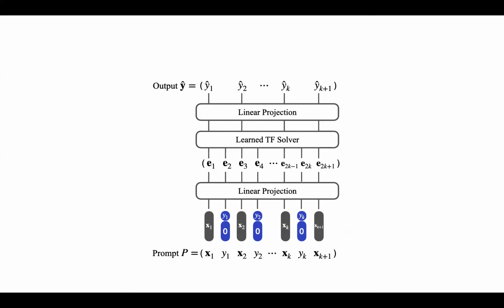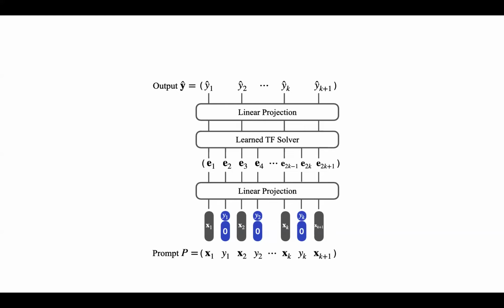And also, I want to be a bit more clear about the setting. A lot of work trying to solve math problems with transformers tokenizes the input as tokens and then maps them to the transformer. But here, we treat every x and y as real numbers. We will not tokenize them. We just put them into a linear projection to map from the d-dimensional problem dimension to the embedding dimension.